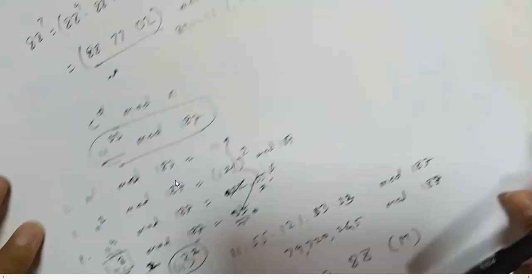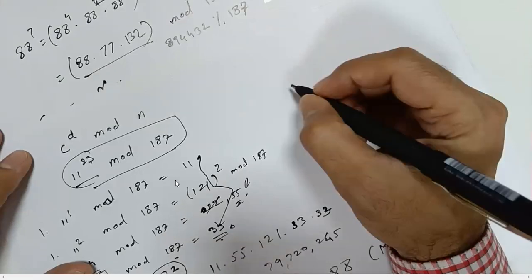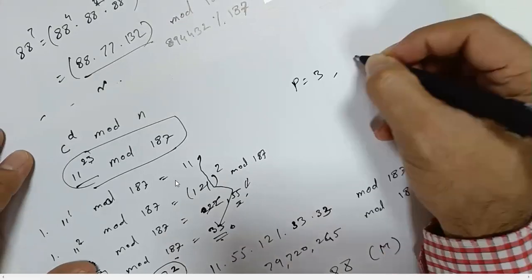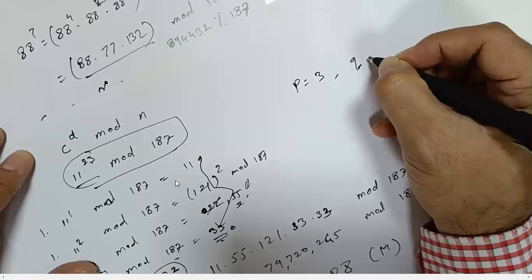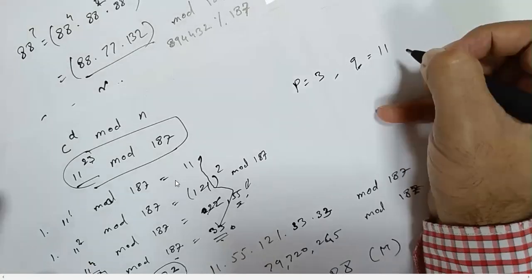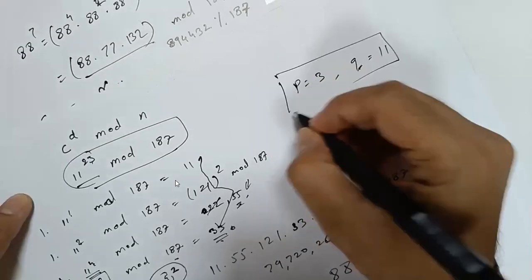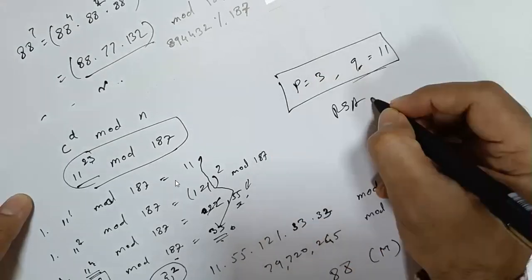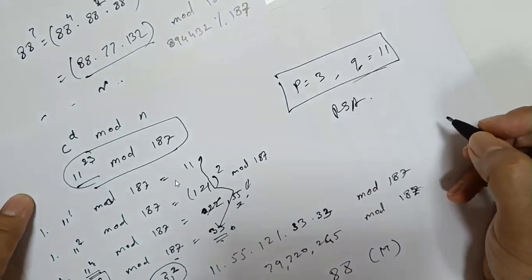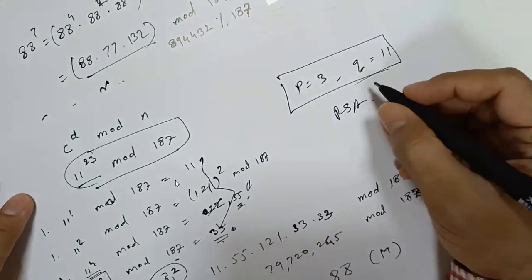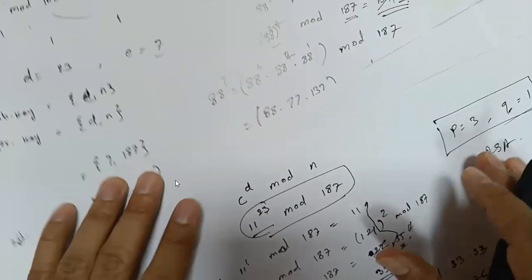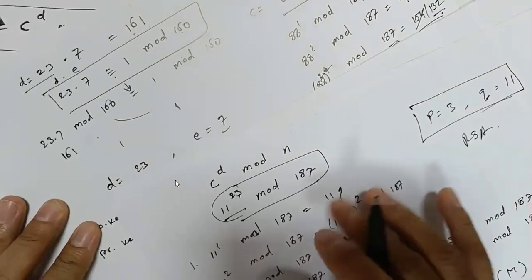You can take the example as P equal to 3 and Q equal to 11 and solve this example with RSA. This is a bit simpler example than the one we have seen.